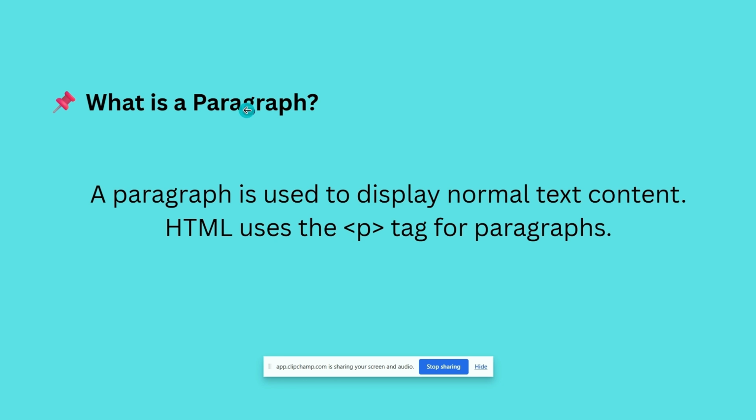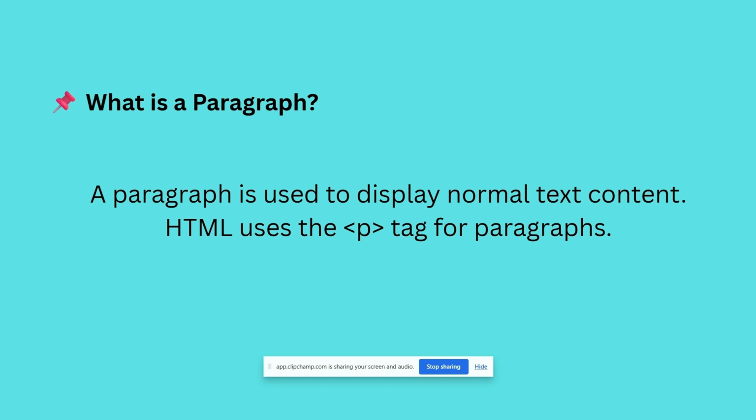A paragraph is used to display normal text content. We write a paragraph using the p tag. If you use one p tag, the next one automatically starts on another line. Paragraph content should be readable and clean.